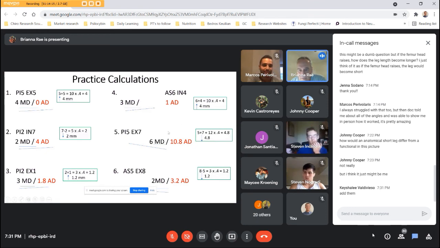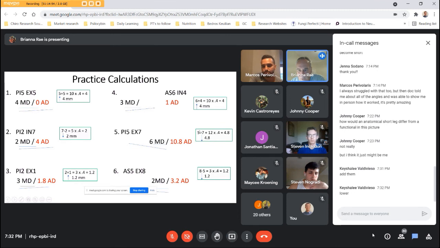All right, so here's our femur head line. And the MD is 6 on the right, but the listing is on the left. So what we said we could do would be, instead of thinking PIEX, let's think ASIN over the MD side. The 4.8 is still going to be the same, but correcting an IN would do what to the femur head? Lower.